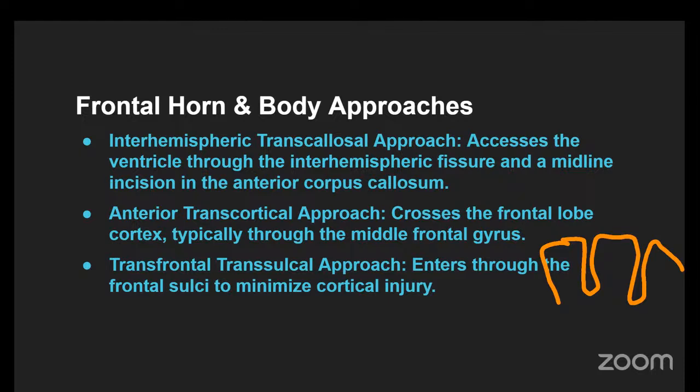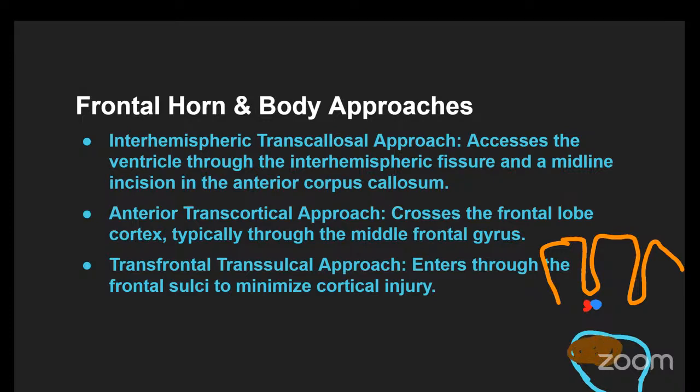Now, in fact, let me draw something here. Assuming that this is your ventricle here underneath, and the white line that I'm going to draw is my surgical trajectory. And this is the target lesion, this brown mass.